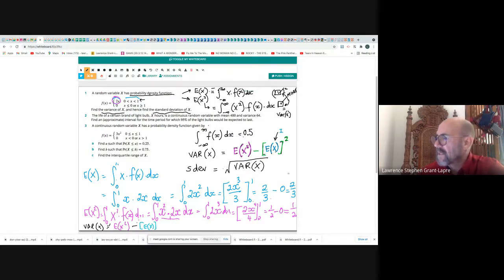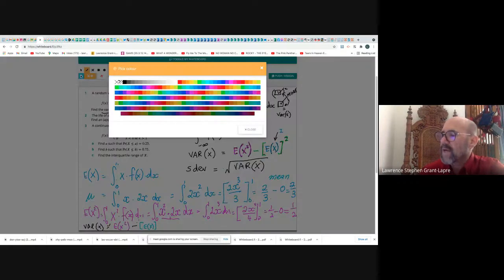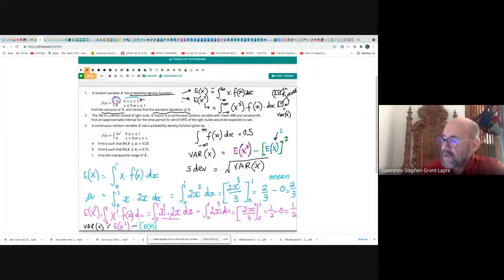Keep in mind, I'll just put this as green, we have to square that. So we subtract and we square that value.